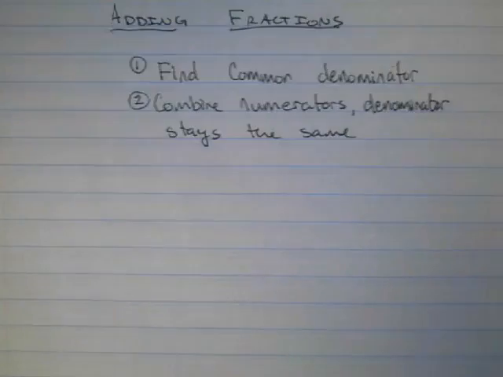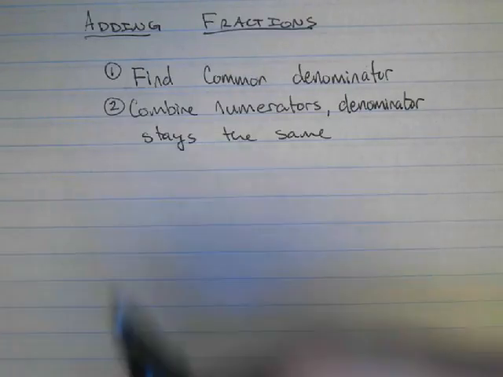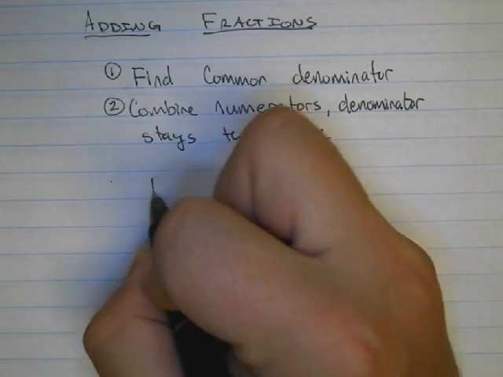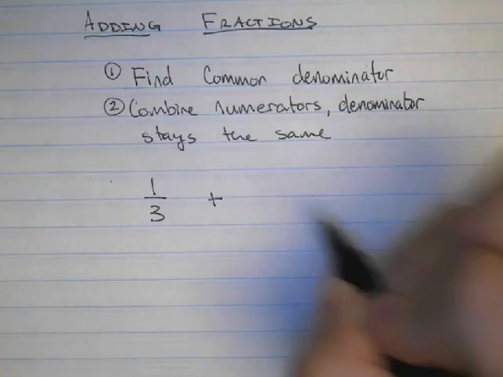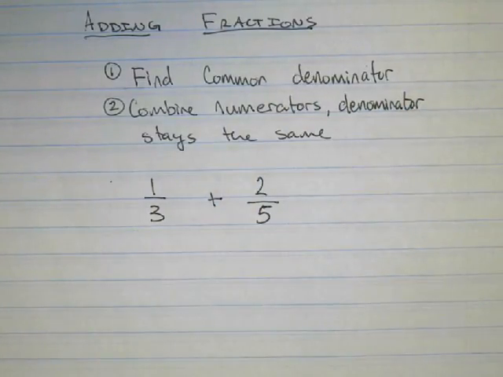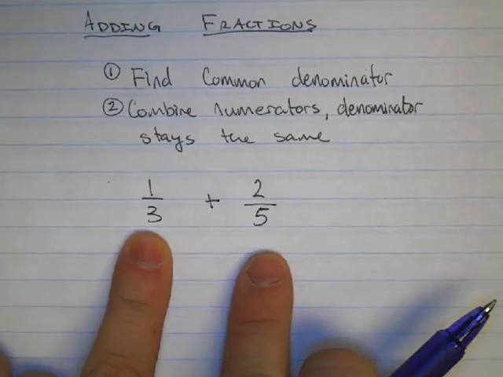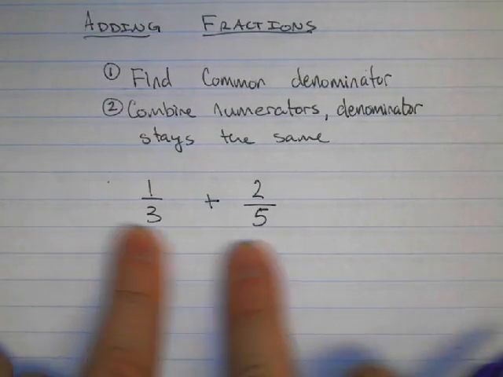So let's look at an example. Let's say I want to add 1/3 plus 2/5. The easiest way to find a common denominator is to just use the denominator from one fraction to multiply with the other.